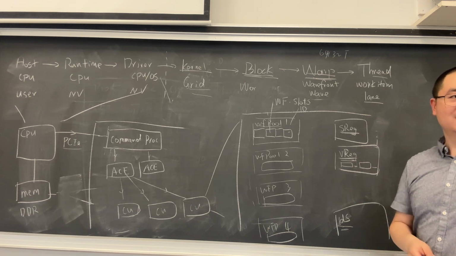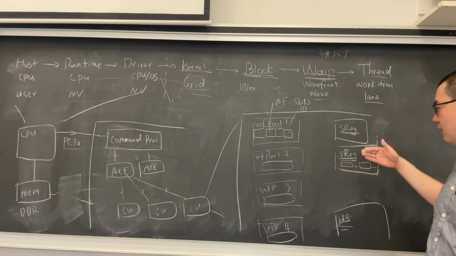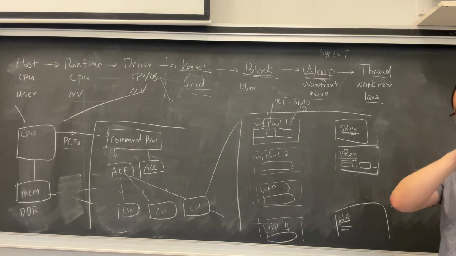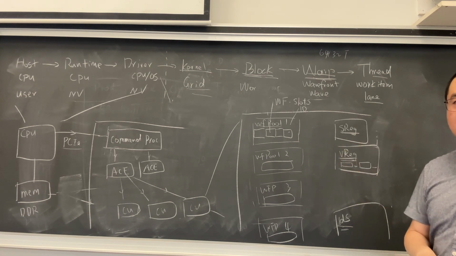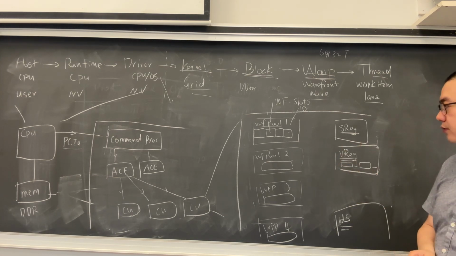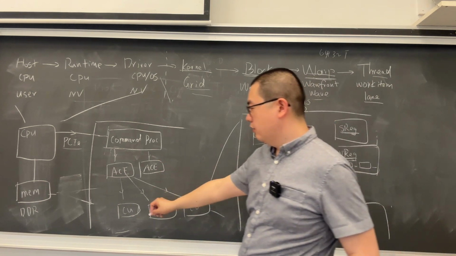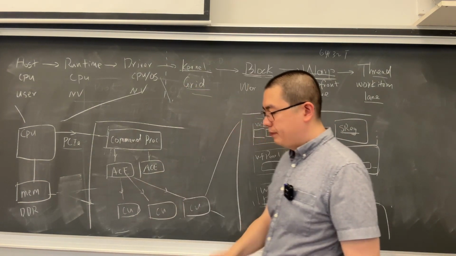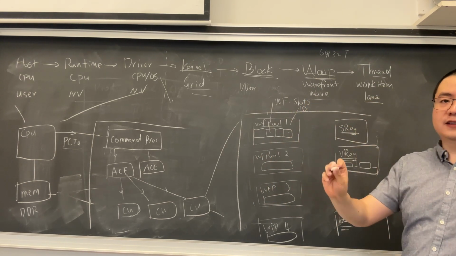If it's not connected, there's no way to execute that warp. So it's a rather complex process to find which part of the vector register to allocate to that block. Also, when the ACE launches a wavefront or a warp, it's not only a process of assigning the task.